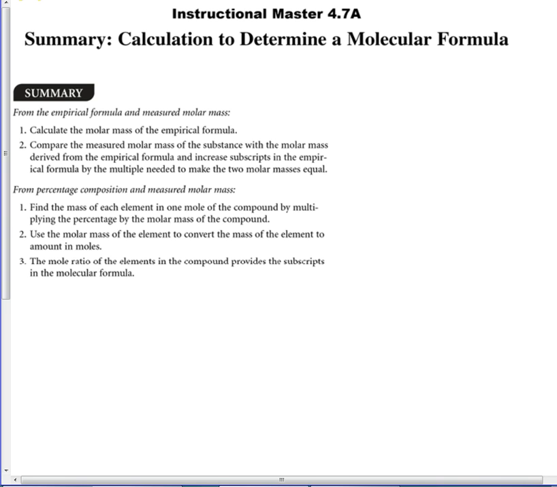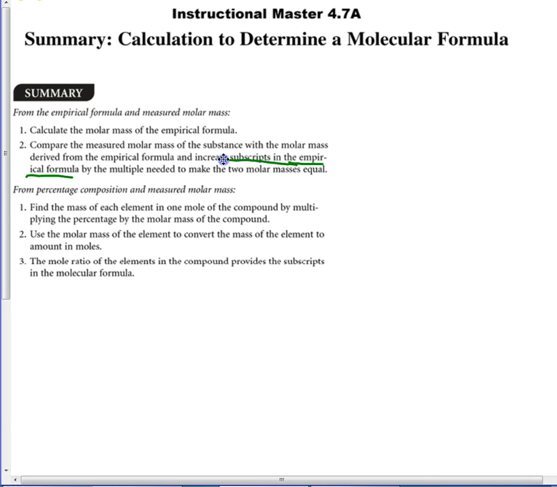Okay, so we need to know that. If the measured molar mass has been given, then it's just a simple ratio of the two that allows us to make adjustments to those subscripts. We may have to increase the subscripts. You'll never have to decrease the subscripts, because your empirical formula is as low as the ratio can be.